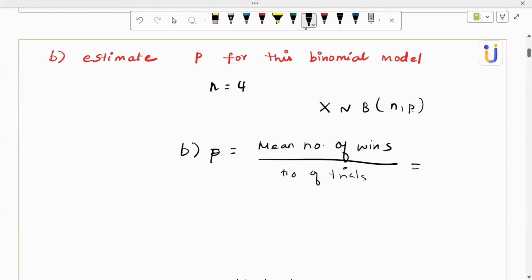So 2.4 is the mean number, and you divide it by 4. We will get the probability, which is very simple, 0.6. So that's the first part. We estimate the probability. Now the model is complete: X is distributed binomially as 4, 0.6.